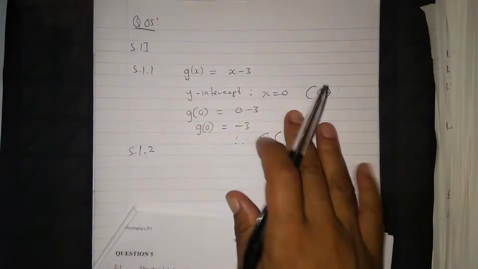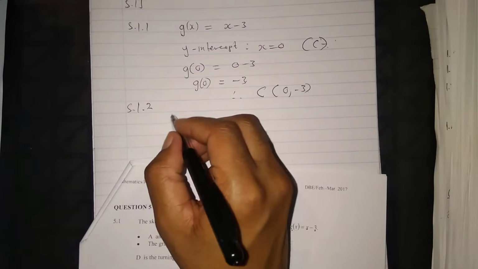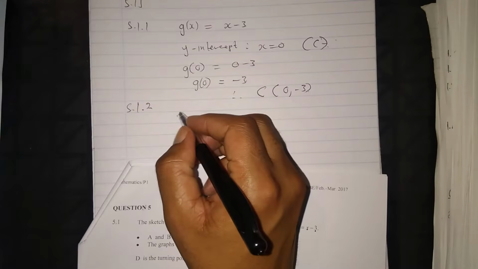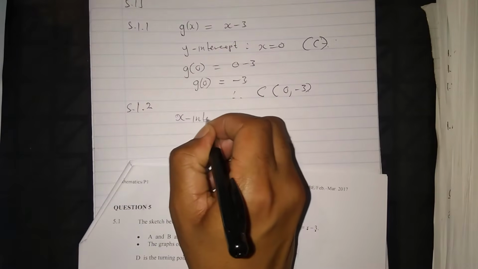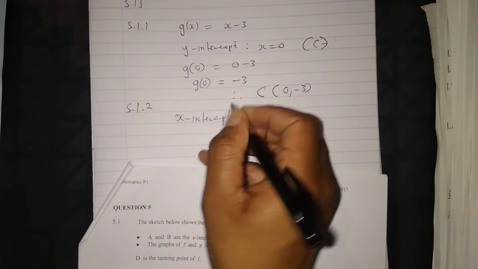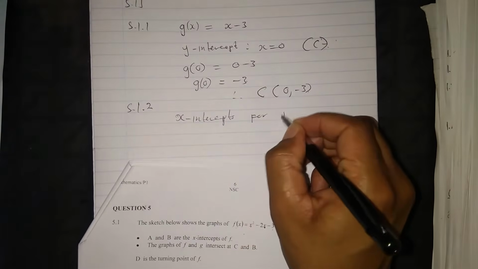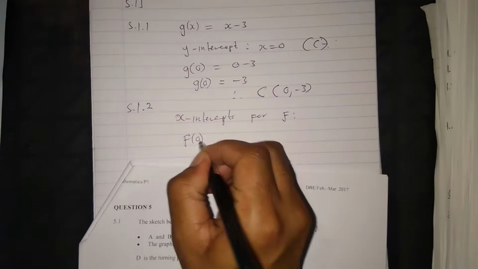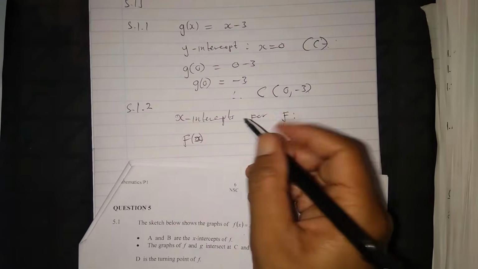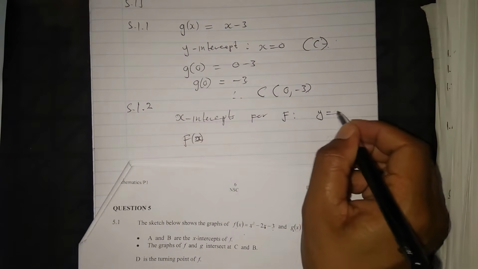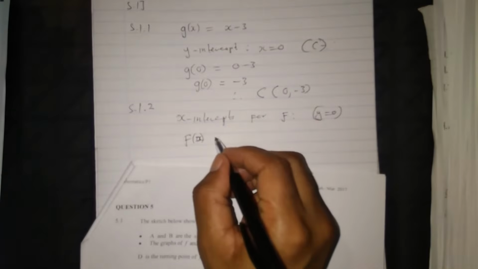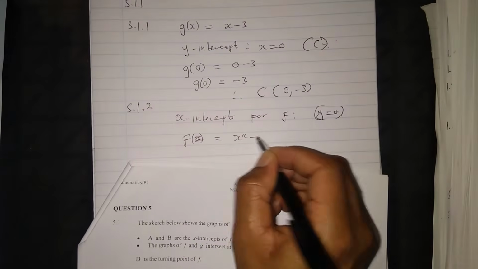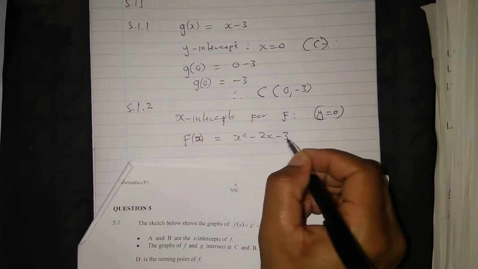So for the x-intercepts of f, I let y be equal to 0. f of x, or y, is equal to 0, so 0 is equal to x squared minus 2x minus 3.